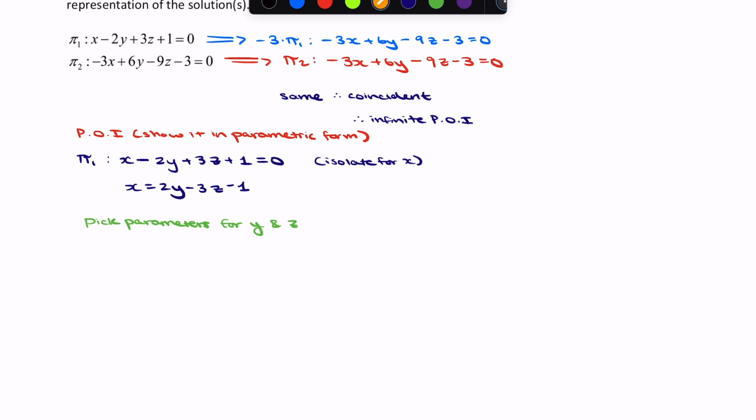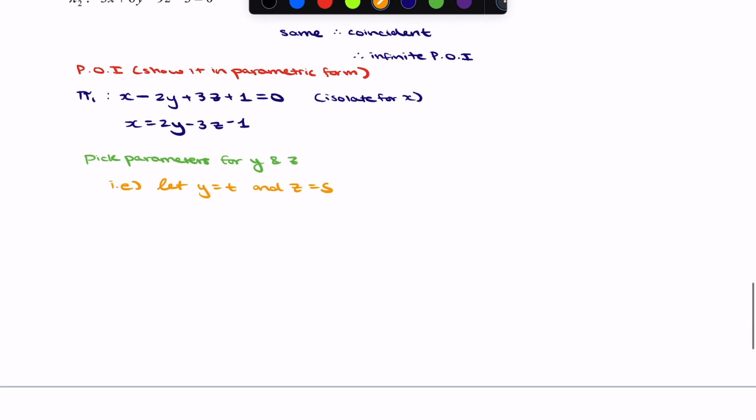And so for example here, we'll let y is equal to t, and z is equal to s.